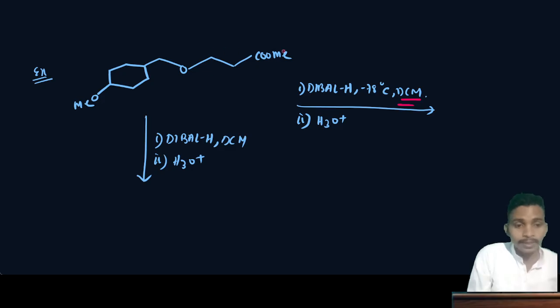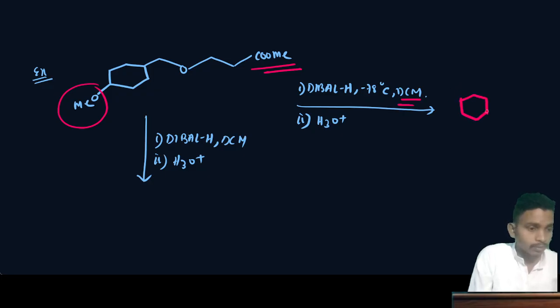So here the ester group is converted into the aldehyde. This is an ether group, and the ether group will not get affected, so it remains as it is.